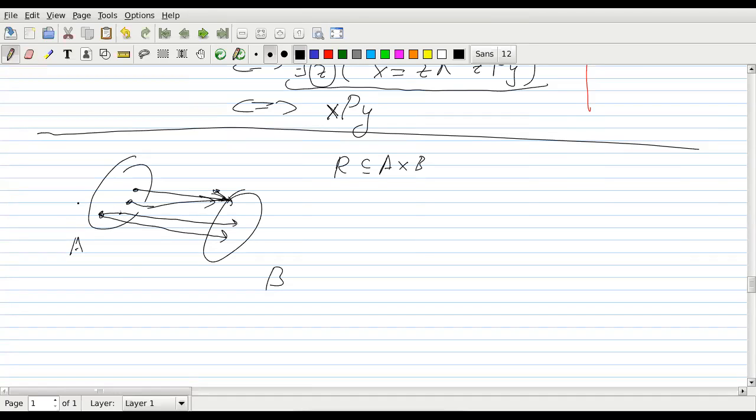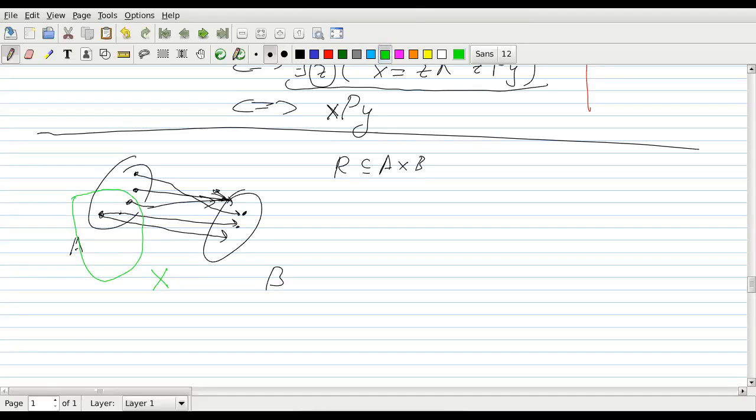And what if I take some set X, not necessarily a subset of A? And what if I want to consider only the endings of arrows which have their beginning in X?